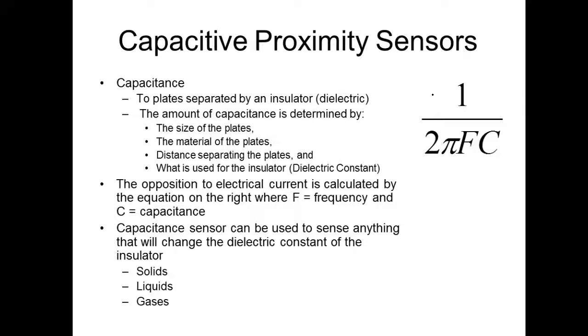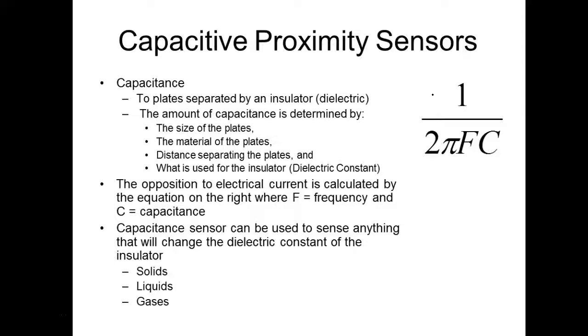The third thing is the distance between the plates, and then the fourth is what's used as an insulator. If I have the size of the plates, the metals, and the distance, I can't do anything. But if I can come over here and change the dielectric, right? You understand? Then I change the capacitance. If I change the capacitance, then I change the opposition of the capacitor.